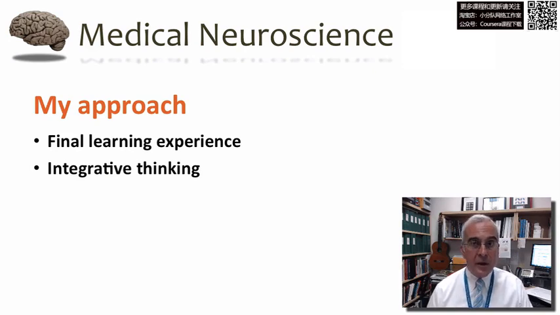I want this examination to require integrative thinking. I want you to be confronted with a clinical case that requires you to think about the basis of synaptic transmission in the brain and potentially the consequences when synaptic transmission goes awry.